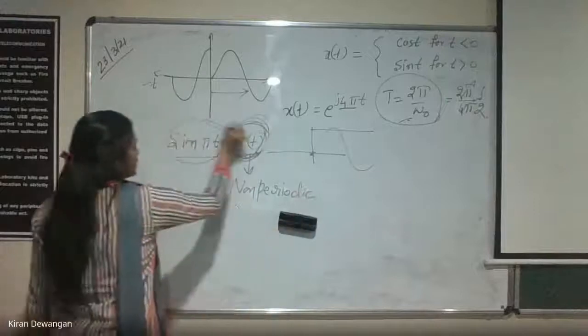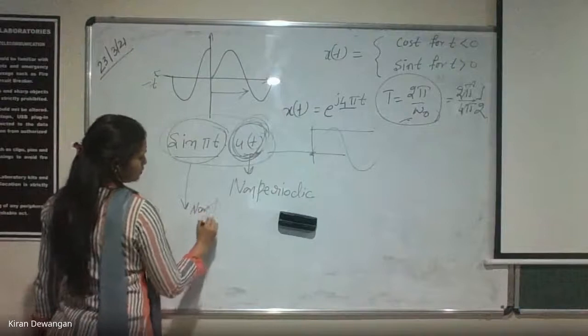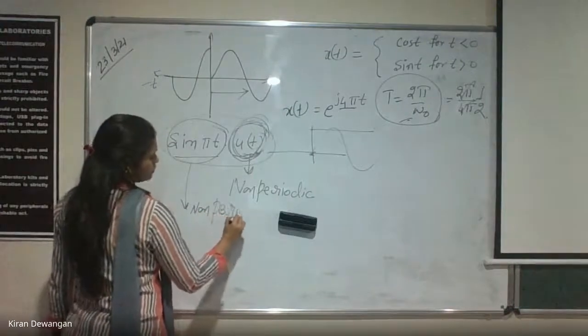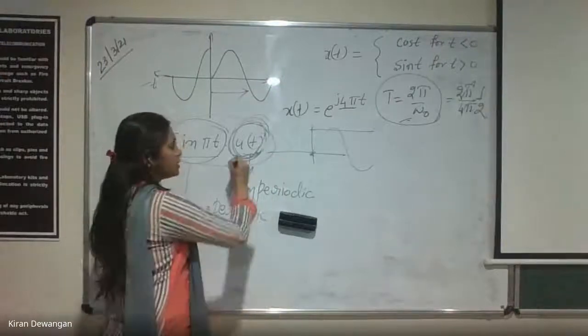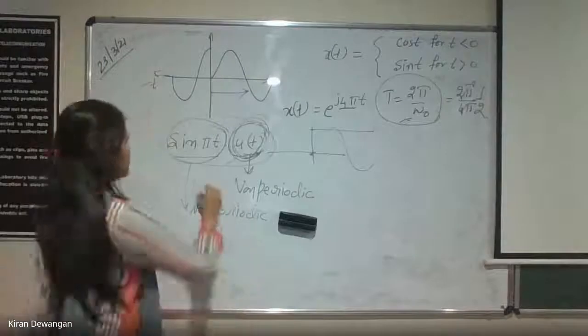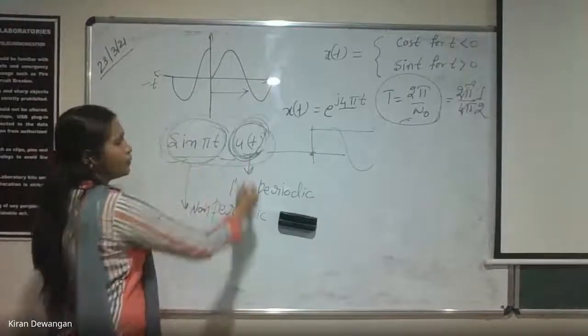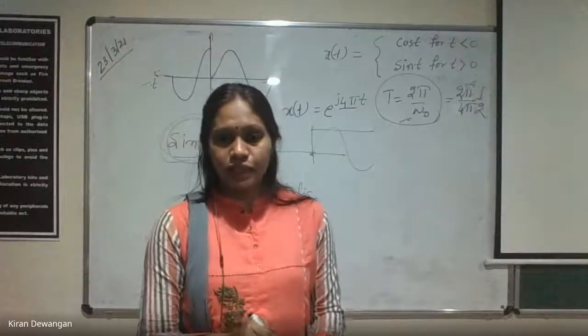Hence, this complete signal becomes non-periodic. Clear now? Because u(t) is not periodic in nature, it is a non-periodic signal. Hence, sin pi t into u(t) is also non-periodic. Is this concept clear now, students?